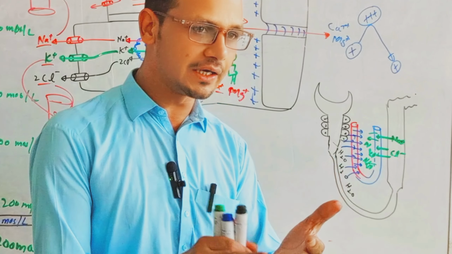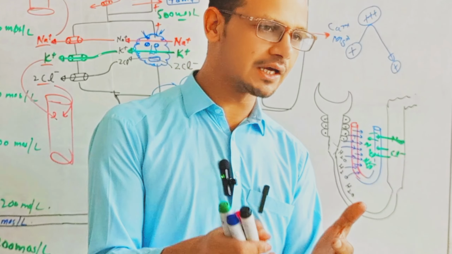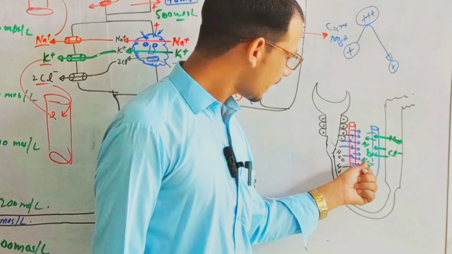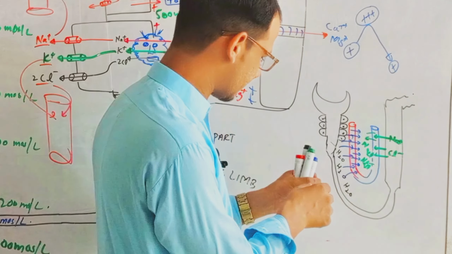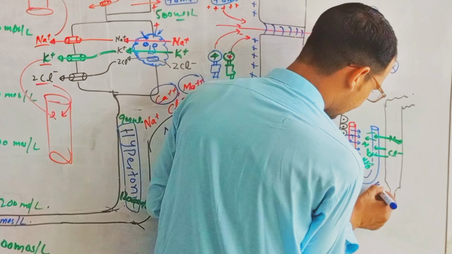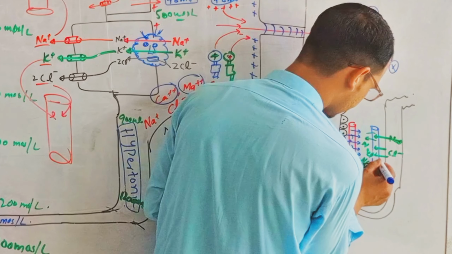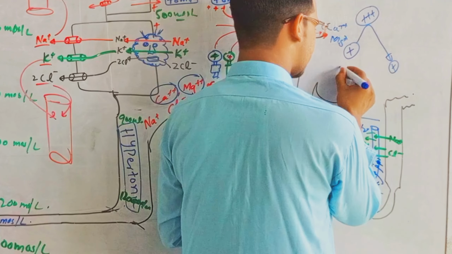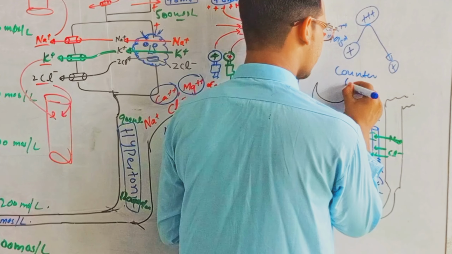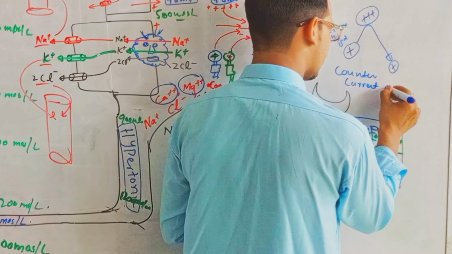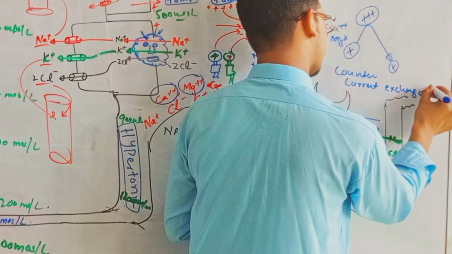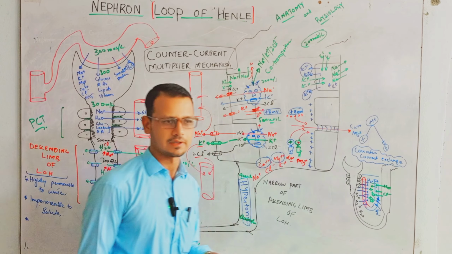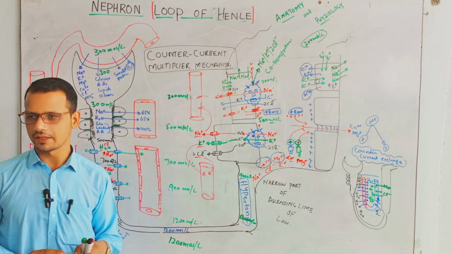What is the role of the vasa recta? The vasa recta prevents the abrupt leaving of sodium from the kidneys, right? Because it takes the water from outside and here it gives the water, this exchange is called countercurrent exchange, and the vasa recta is called the countercurrent exchanger.